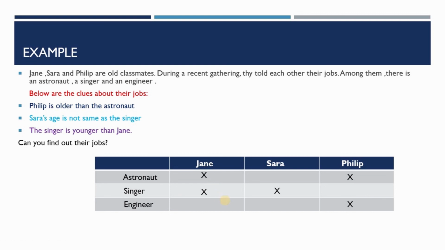So Jane is not the astronaut, Jane is not the singer, therefore Jane should be an engineer. And therefore Sarah should be an astronaut. Okay, let's look at another example.